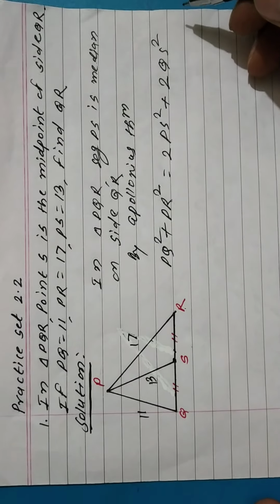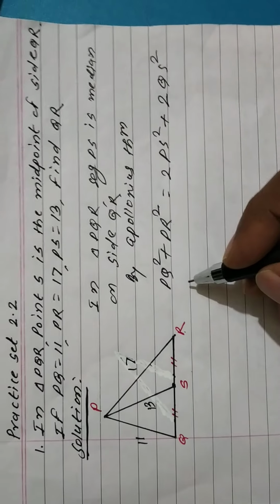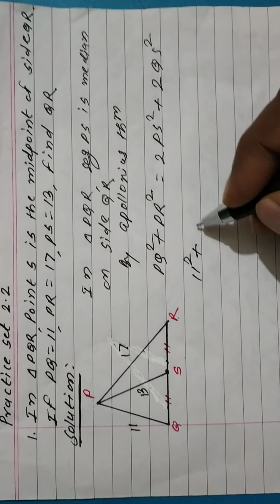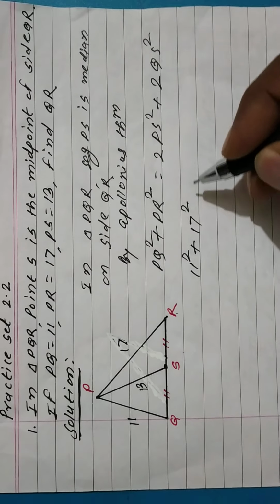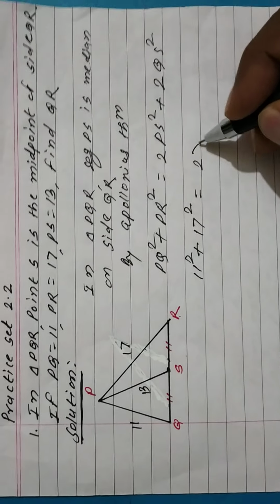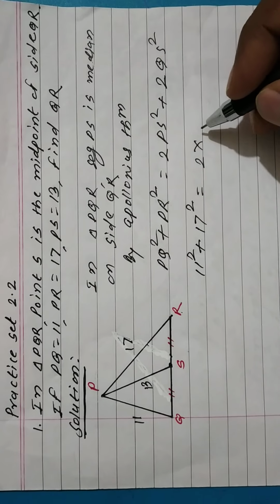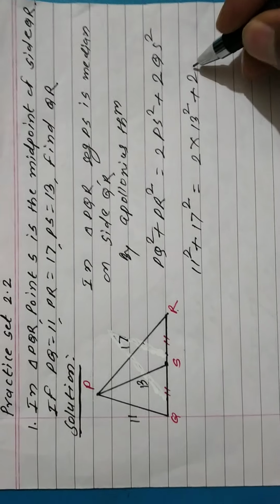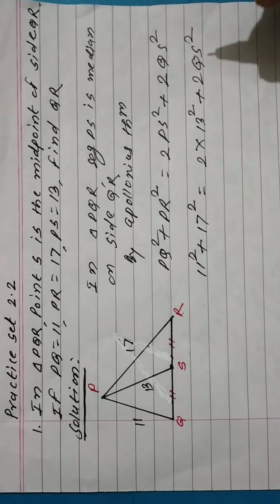Now you substitute the values here. PQ 11 given, its square, PR 17 given, its square is equal to 2 into PS 13, its square, plus 2 times QS square.